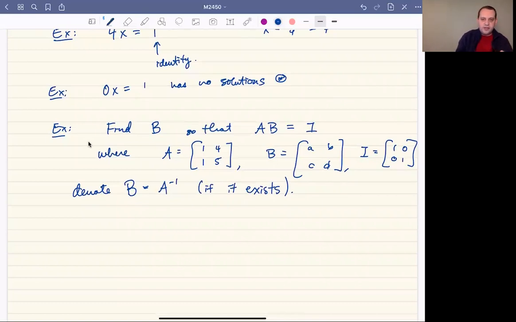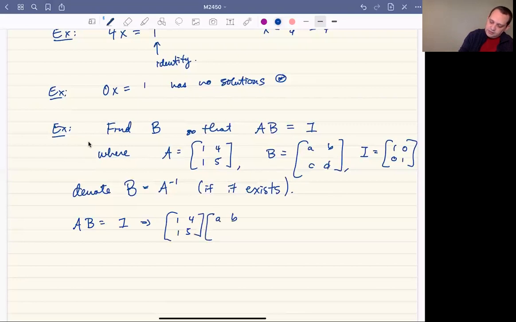I'm not going to do anything fancy. I'm going to do exactly what we did before. We're going to multiply A times B. We'll get 4 equations, 4 unknowns. We'll solve them and move on. So A times B being the identity means that we want to solve 1, 4, 1, 5 times a, b, c, d equals 1, 0, 0, 1.